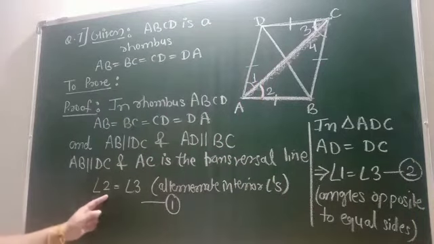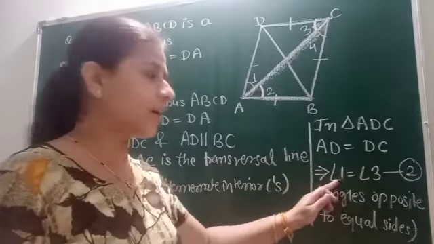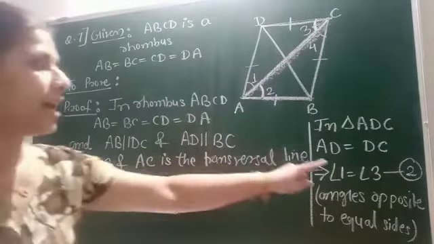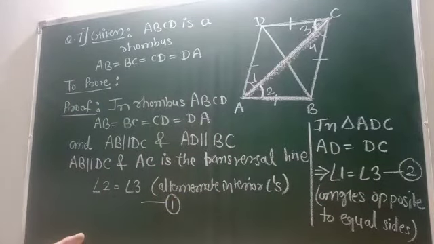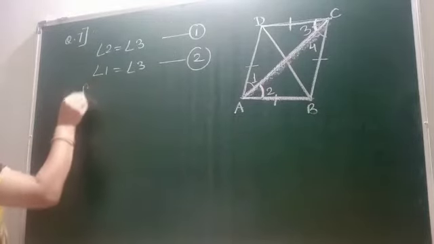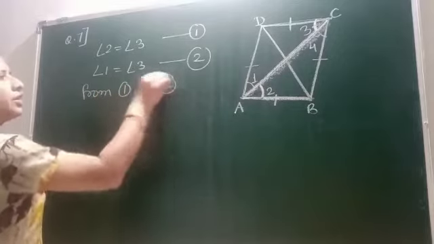As you can see, in equation number 1, angle 2 is equal to angle 3, and in equation number 2, angle 1 is equal to angle 3. What will we get from 1 and 2?